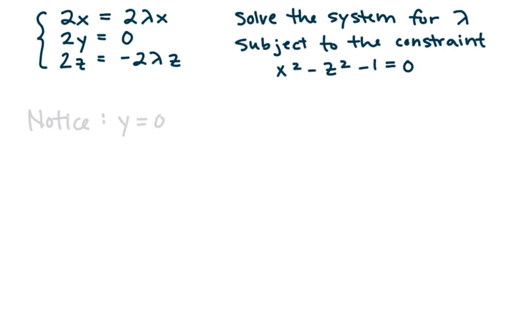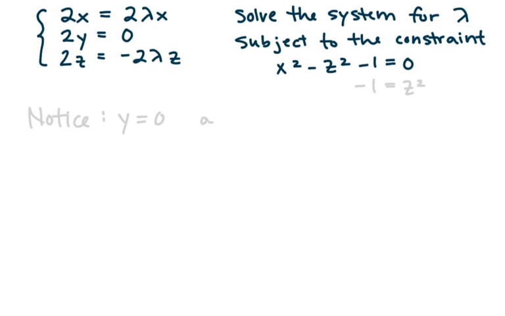We also notice that I can't let x be 0. If I let x be 0, then I would end up with -1 equals z squared, zeroing this term out and moving that to the other side. And the square of a number can't be equal to -1.